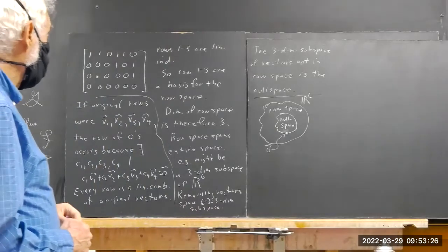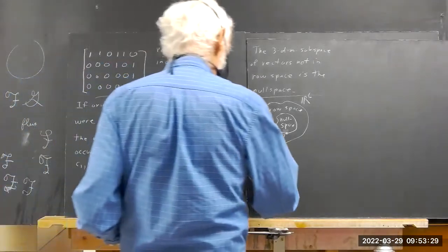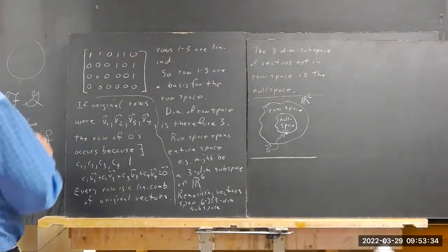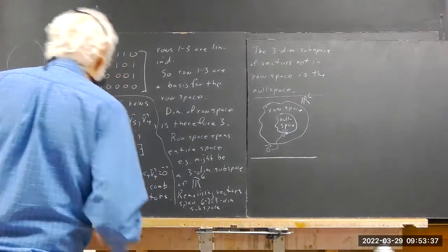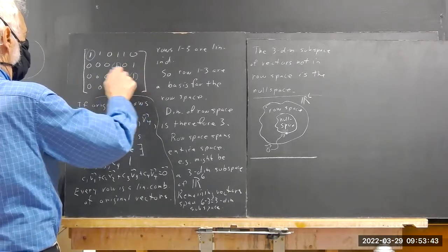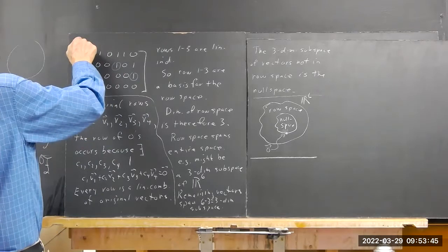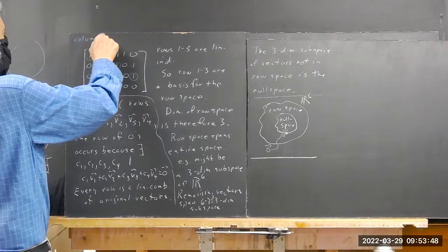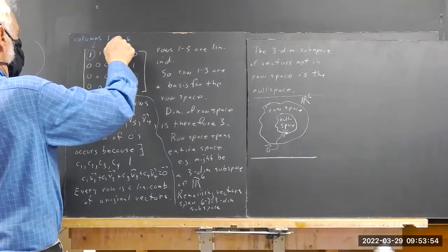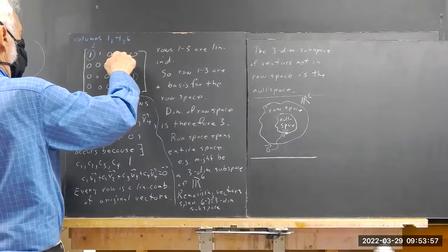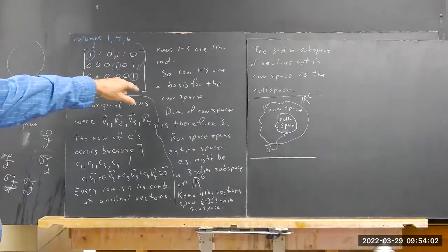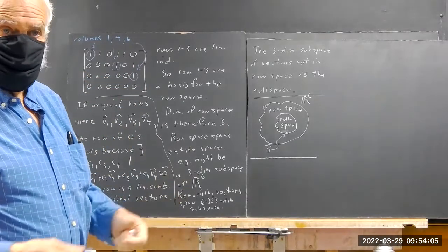Now, column space. It contains leading ones, if you want to call it that, okay?